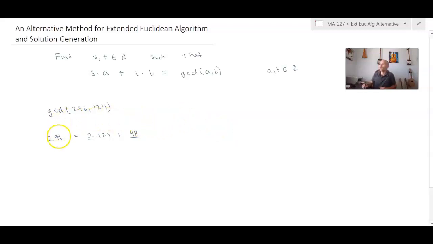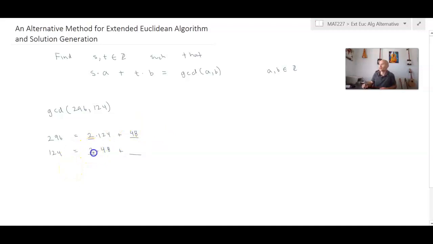Okay, so now we know that the GCD between 296 and 124 is the same as that between 124 and 48. And so once again, I'm going to ask myself, how many times does 48 go into 124, and what remainder does it leave? Well, I can do it twice.